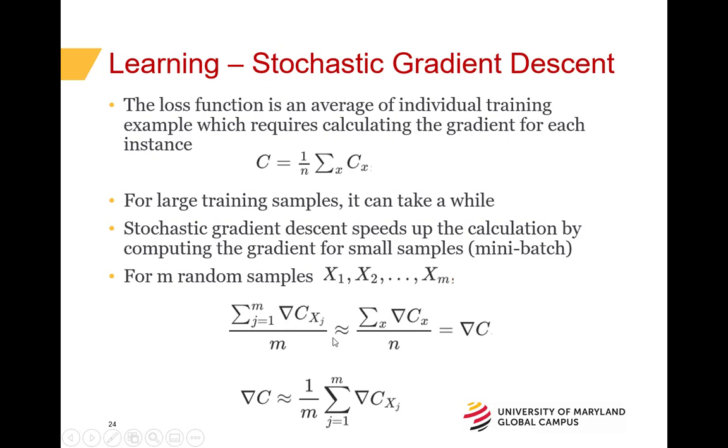So this is saying that it's approximately the same. Okay, so that is a variation of gradient descent called stochastic gradient descent. Effectively, we take the average of the gradients of the samples.